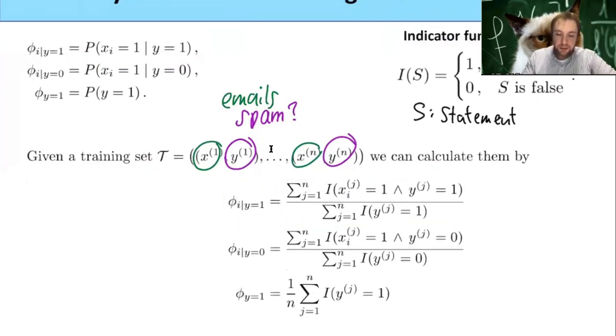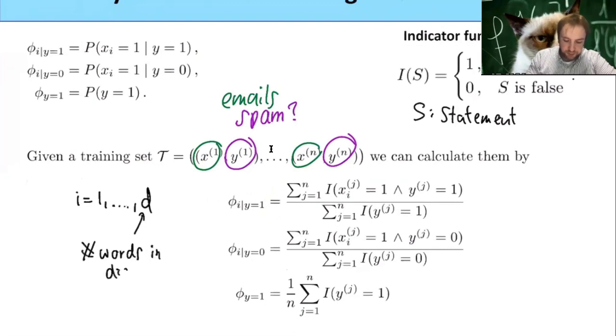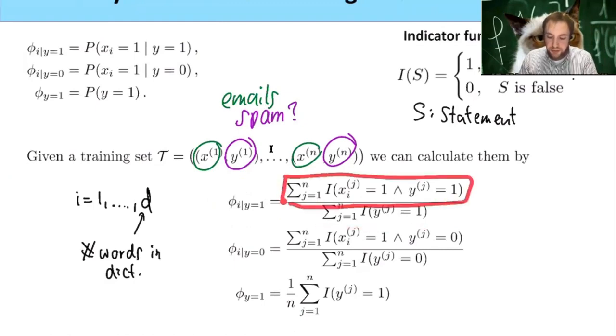So for a given i, where i runs from 1 to d, and remember, d is the number of words in the dictionary, or the number of features. For each i, we can now take the sum over our training set and count the emails which are spam and which also contain this word xi.